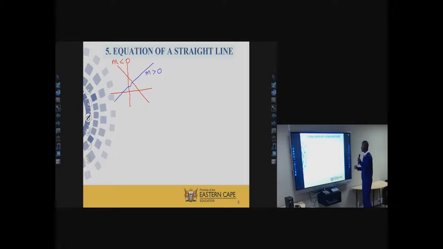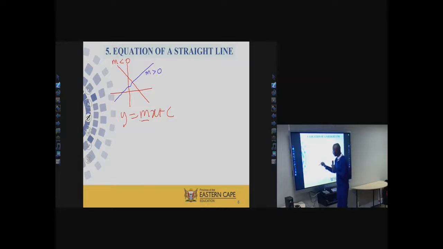So, as you can see, you are having a straight line. A straight line must have a gradient. We have talked about that one. Now, we know the standard form of a straight line is y is equal to mx plus c. You can see there is m, which is the gradient.